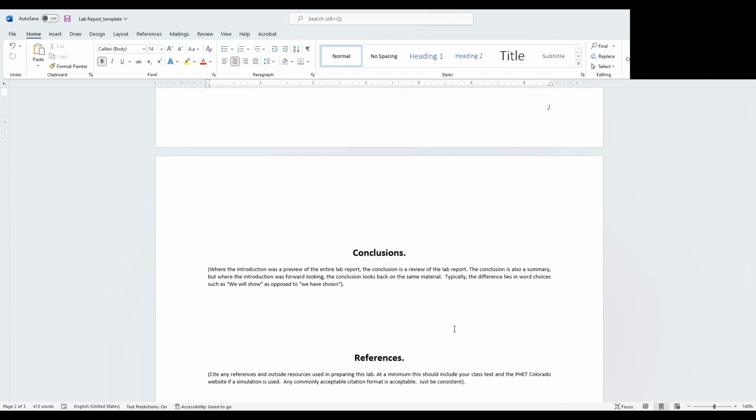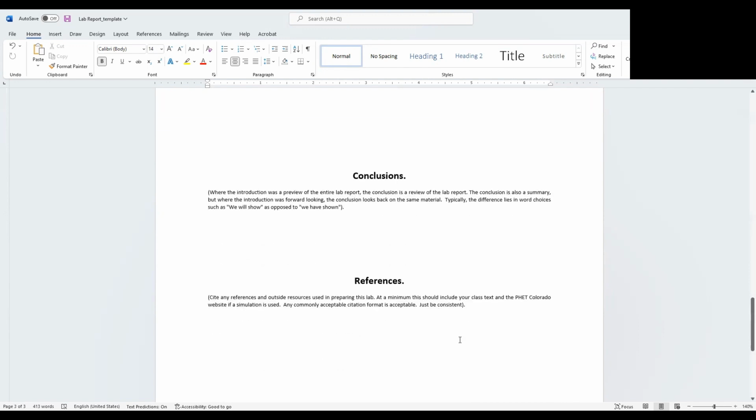Now at the end you have references. Maybe you can reference your book. You can reference any information you get from the internet. You can reference, of course, the website where you have the simulation, if we're using a simulation.